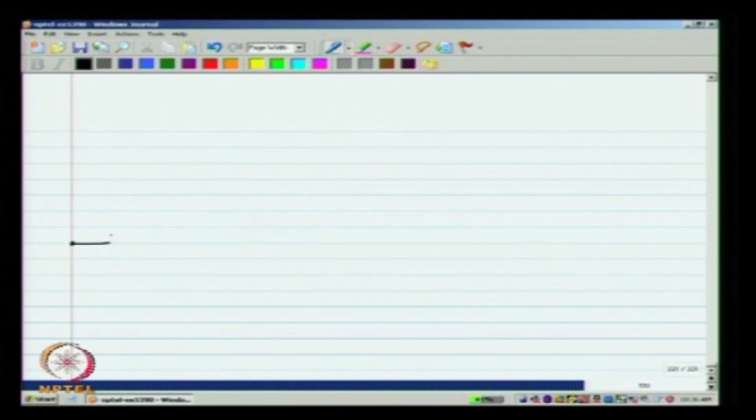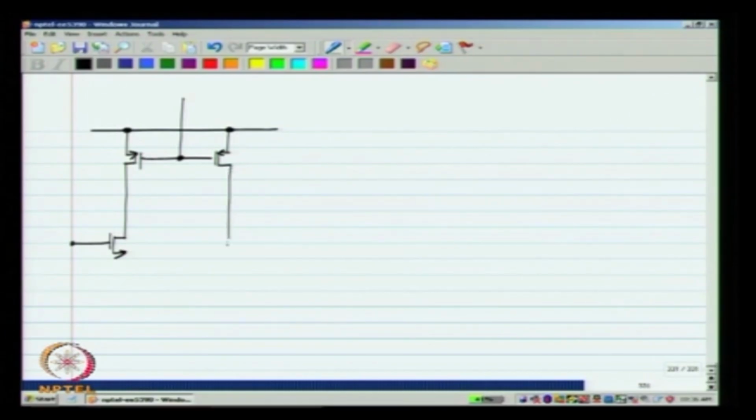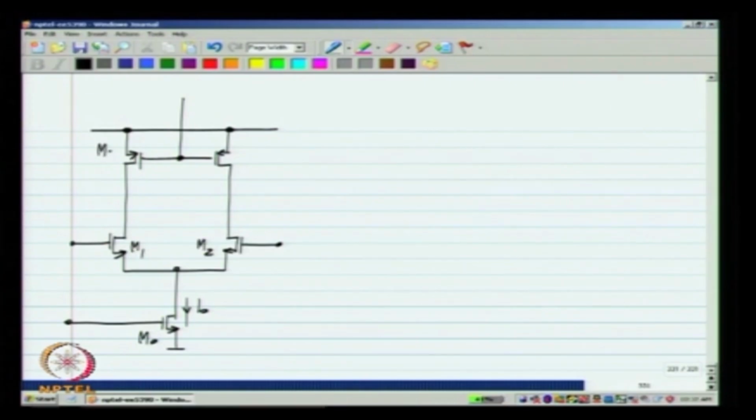Let me just show you the full circuit of the single stage op amp. I will draw it slightly differently from before.